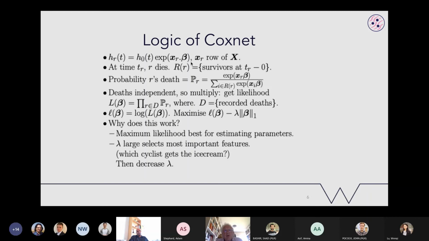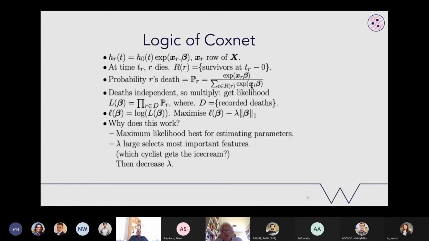So what is the probability of R being the person who dies at time TR? Well, the only thing you have to go by is this exponential term, and in order to make it into a probability, we have to divide by all the other candidates who might possibly die at that time. So it's only the survivors who might die.